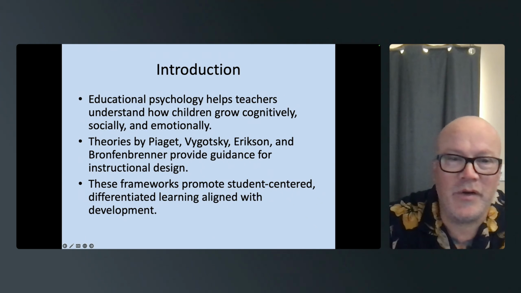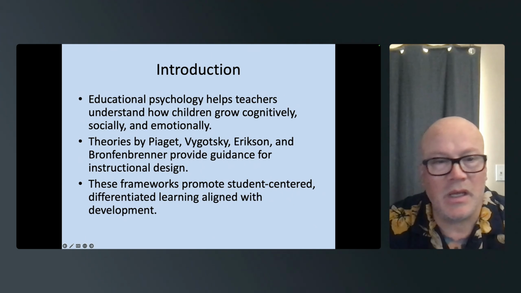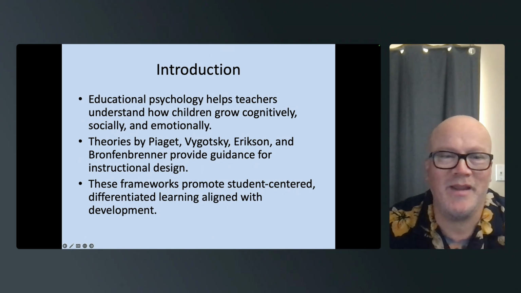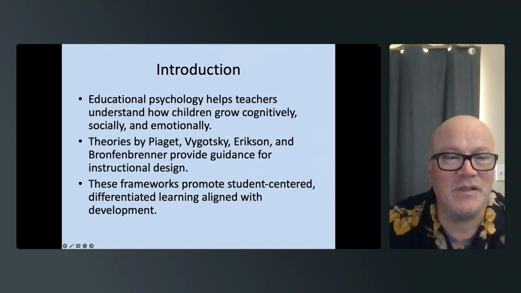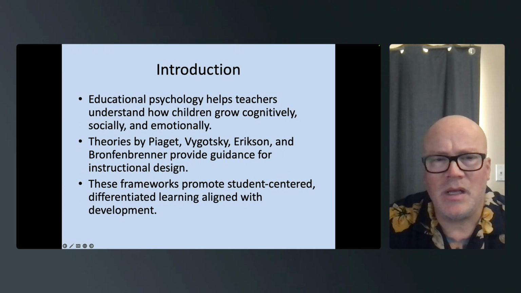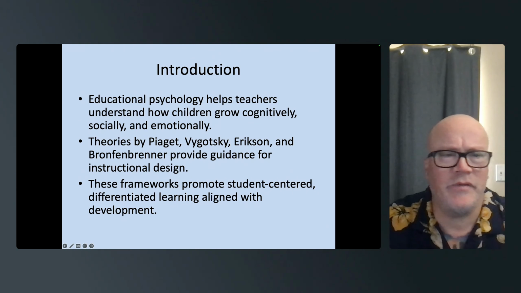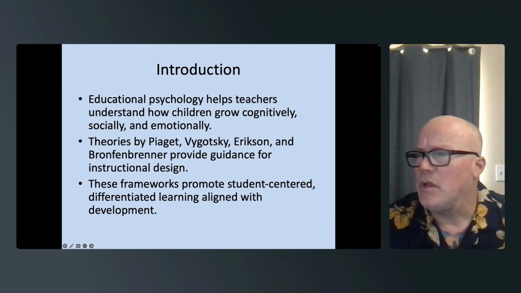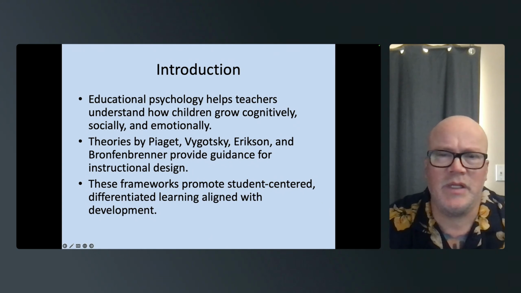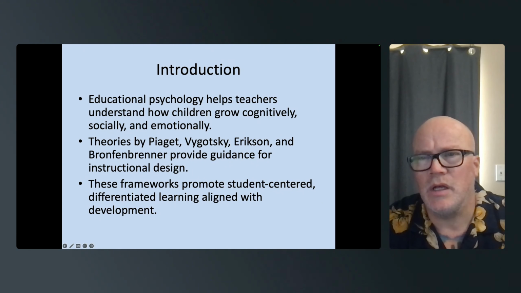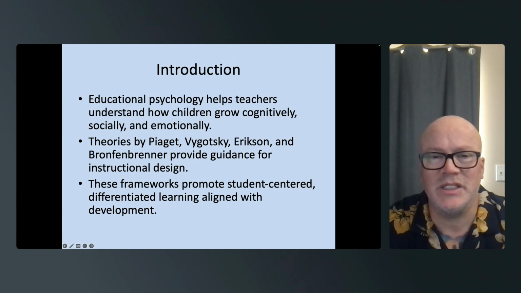With Bronfenbrenner, he wanted to consider family, culture, and the whole community and the influences they have when designing inclusive instruction. All the theorists really emphasize whole child development, with the cognitive, the social, and the emotional, to ensure equitable teaching.